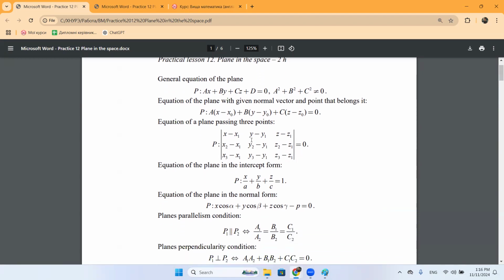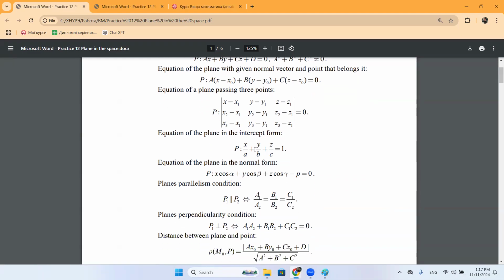So here is the equation of a plane passing through 3 points. You know that 3 points are always aligned in one plane. Such a form of the equation of the plane can also be transformed to the general form.